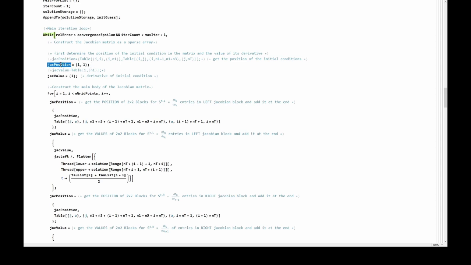So first we find, so this position vector basically stores where the elements in this Jacobian matrix go.